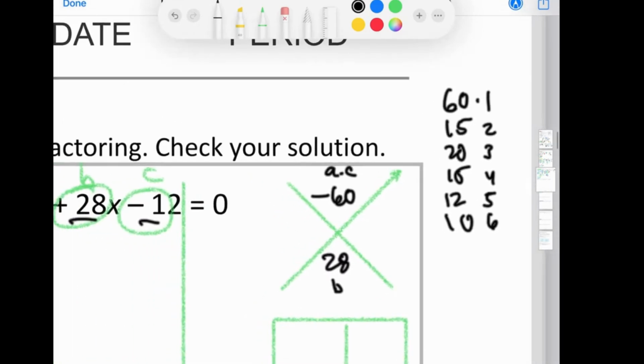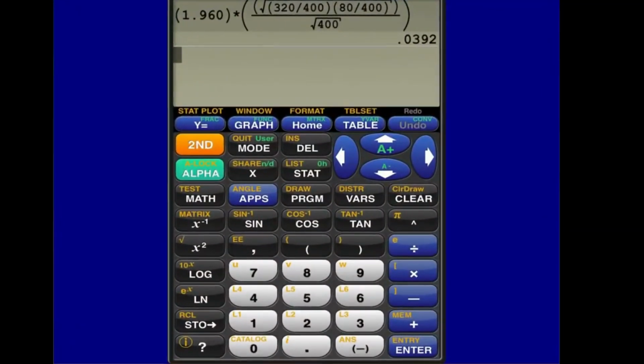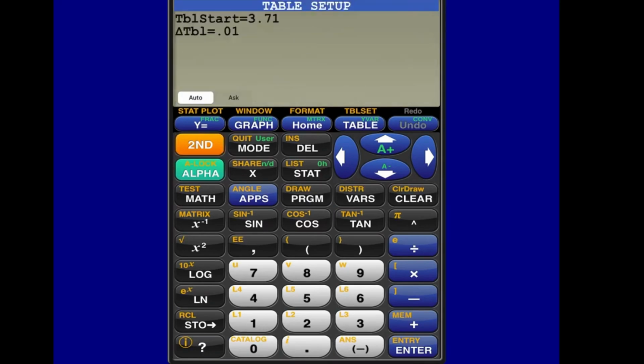Alright, I'm going to show you my trick. Let's see if this works. On the calculator, Y equals, clear, 60 divided by X. Second, table set, auto, start at 1. Table.